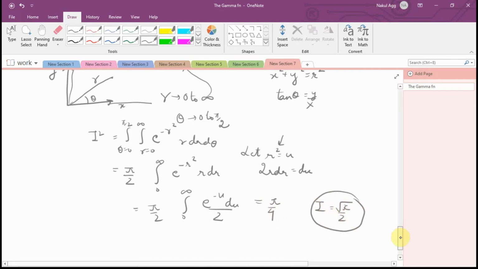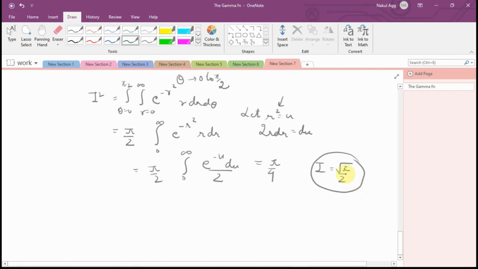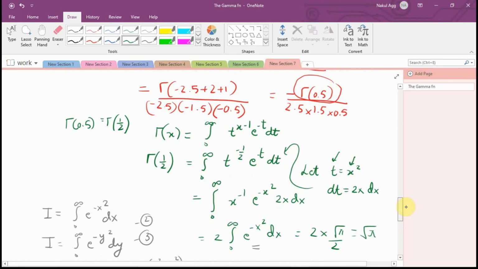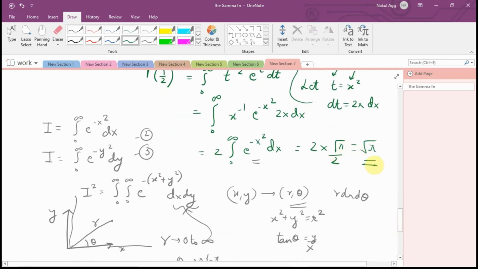Substitute this value back here and we get 2 into root pi by 2, which is equal to root pi. Remember that this is root pi by 2, the square root is not with the total term. So it is square root pi by 2, and this is equal to square root pi.